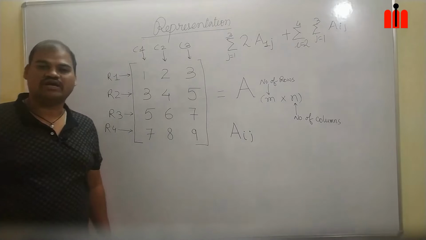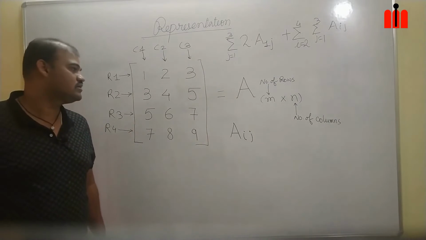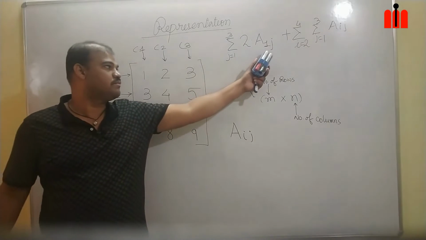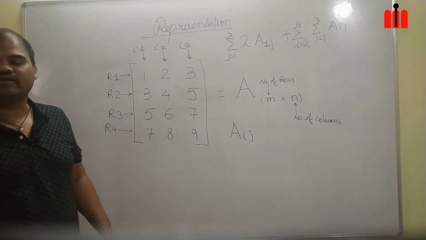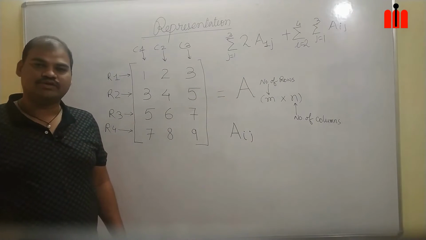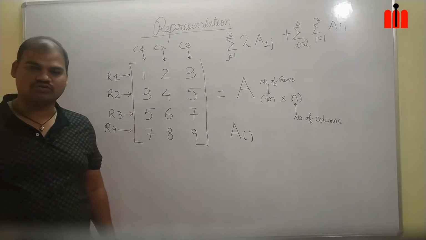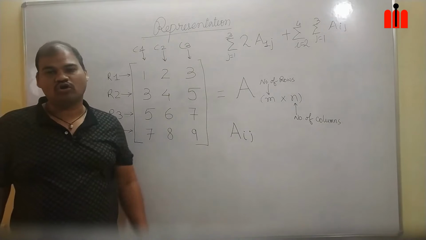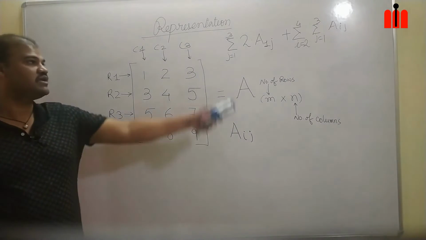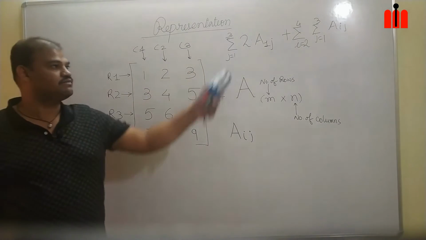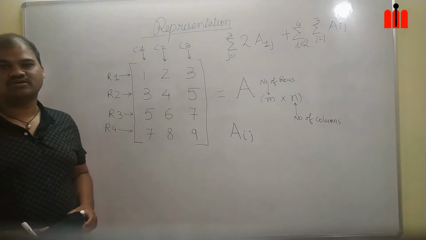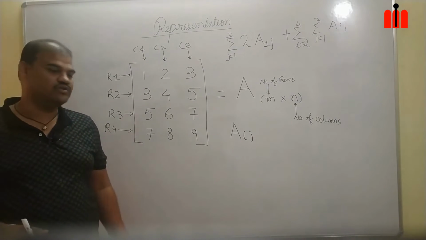Okay, so whatever problem I described earlier, where 2 is multiplied with all the elements in the first row, and all the rest of the numbers are summed as is, is represented by this. So this is another use.